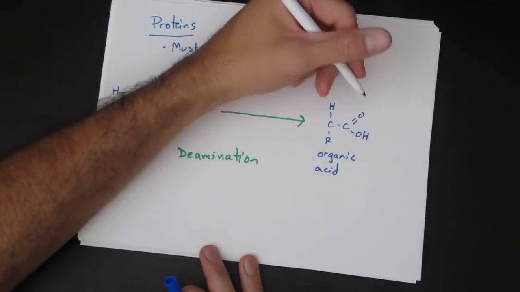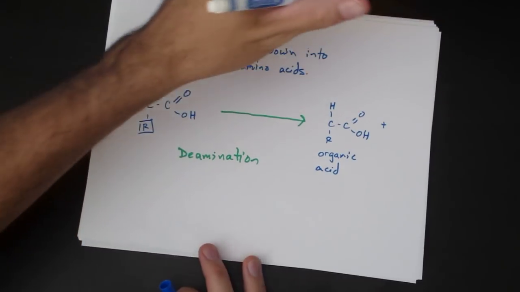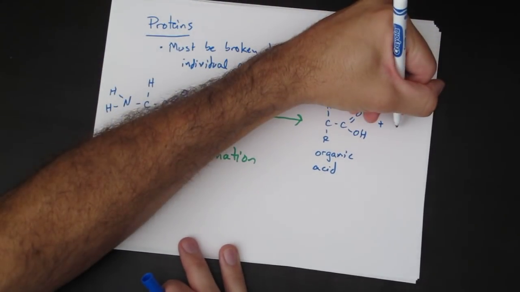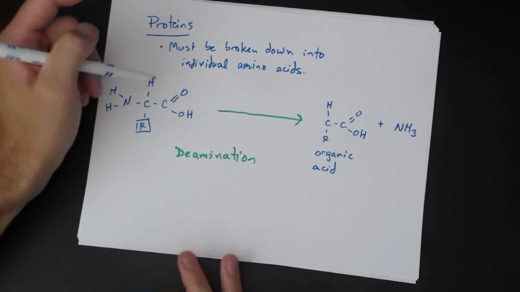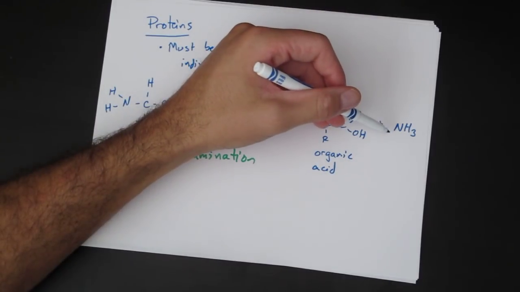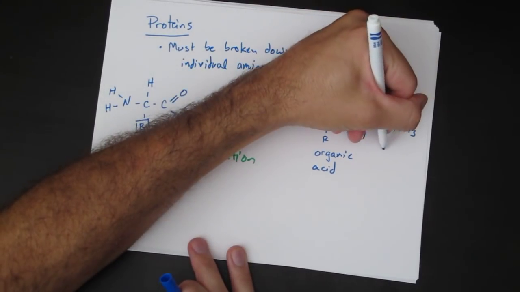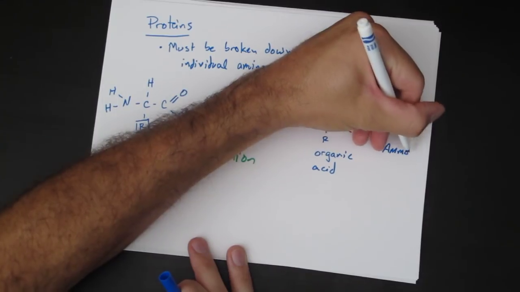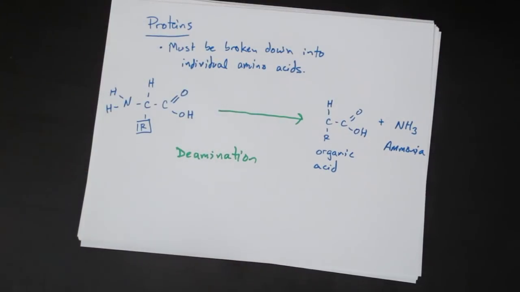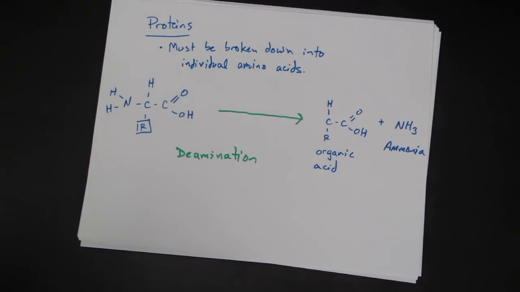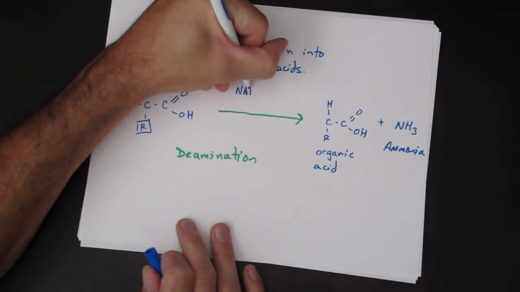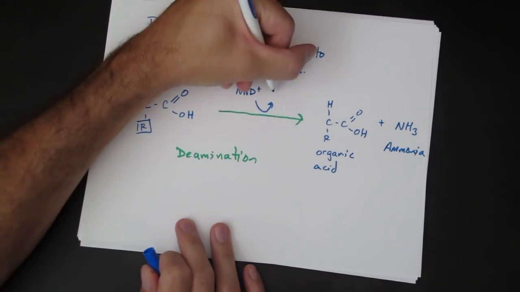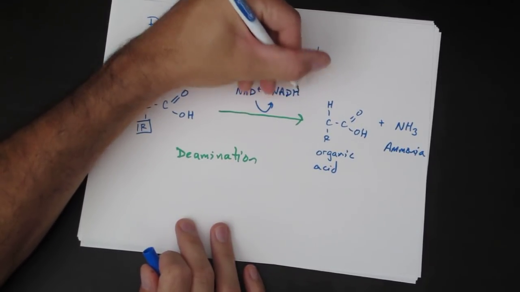There's our acid, our COOH, our carboxyl group, and then we have that amino group that gets cleaved off. That amino group, NH2, is almost immediately going to get converted into NH3, or ammonium. There is some oxidation here. This is an oxidation-reduction reaction, so we are also producing a high energy electron carrier during this process.